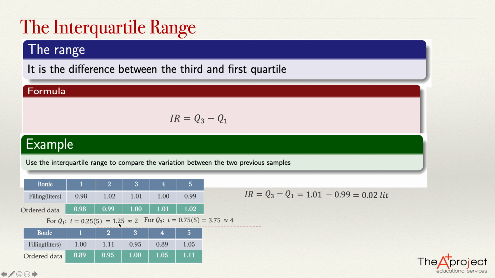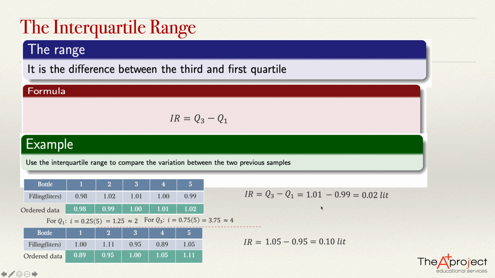So we know that quartile 1 will be the second data, 0.95, and quartile 3 is the fourth data, which is 1.05 in this case. So the interquartile range is 1.05 minus 0.95, and this gives you 0.10 liters.